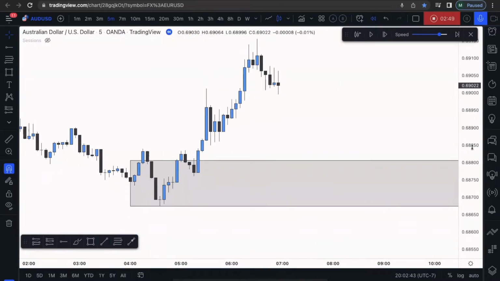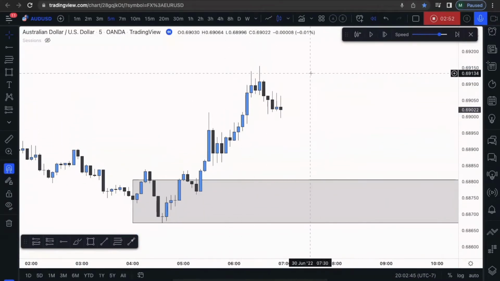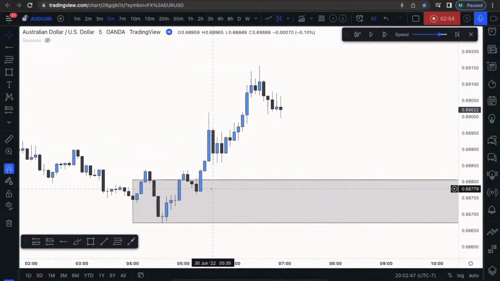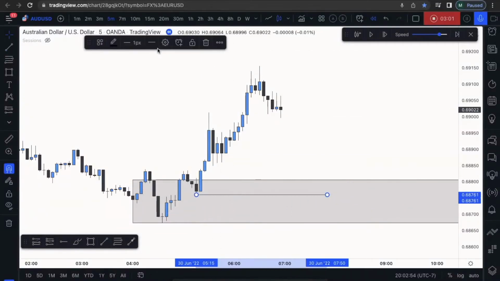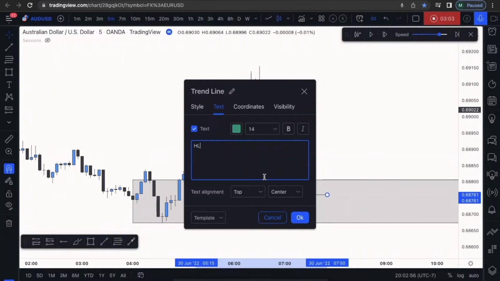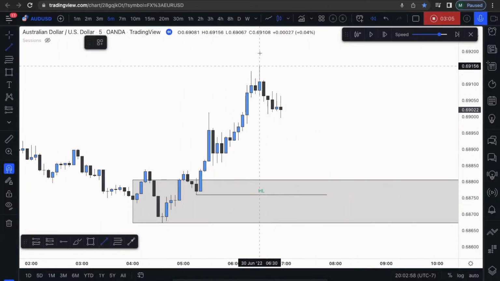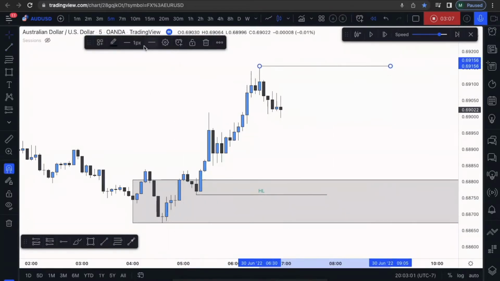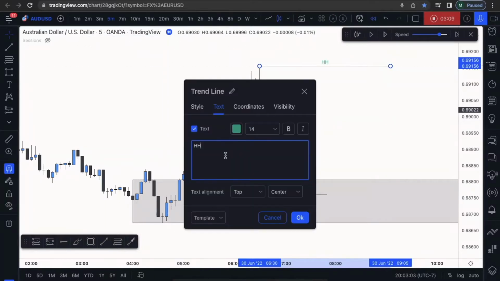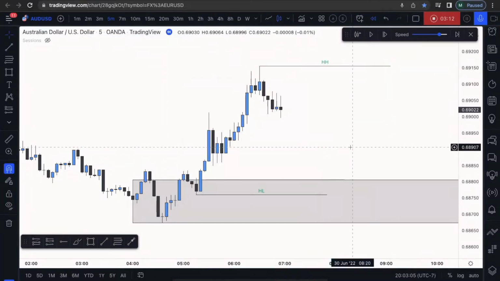Okay, so I know there's a supply here, and from 5-minute time frame, what I saw was I had my higher low there, and this is my higher high. So we have this in the market, and I knew if I was waiting for the break of structure, price would already reach my demand level, so I would not short from there.